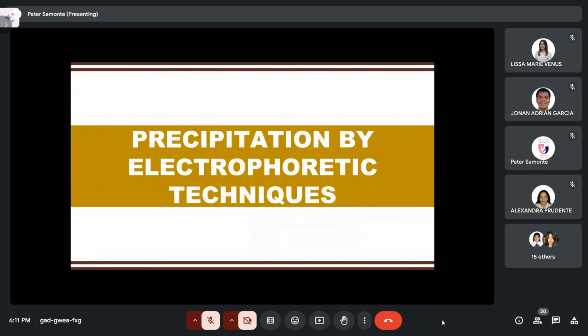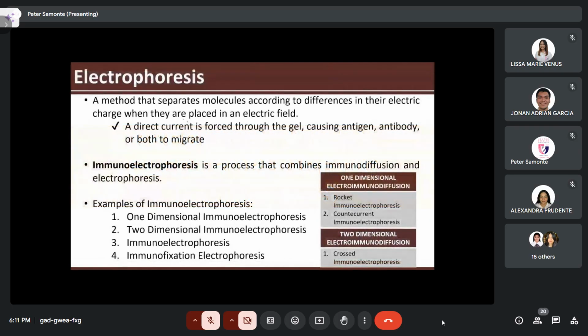Now let's go to the precipitation by electrophoretic techniques. So this time, class, you're going to use electrophoresis. This is a method that would separate molecules according to differences in their electric charge when they are placed in an electric field. A direct current is forced through the gel, causing antigen, antibody, or both to migrate.